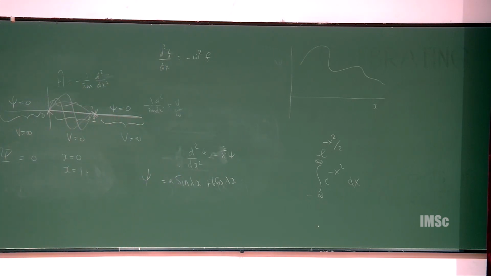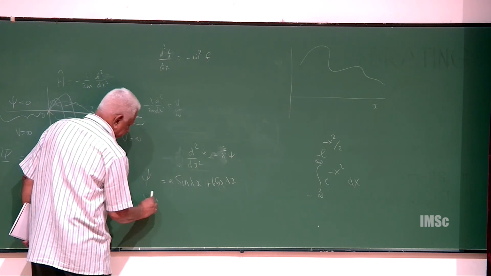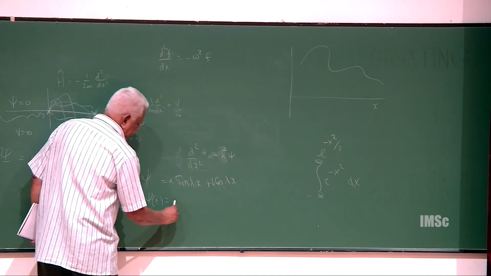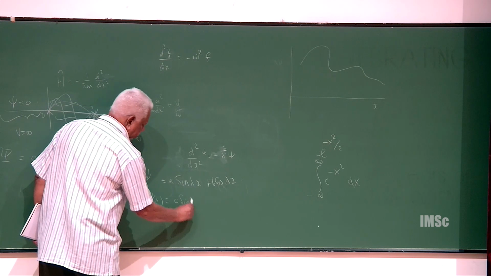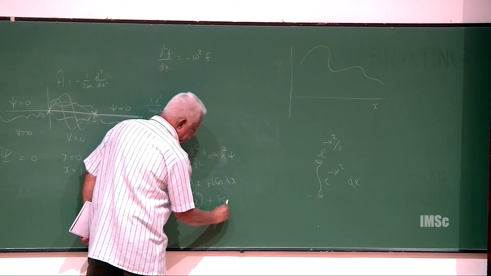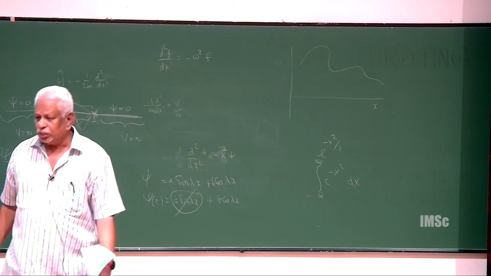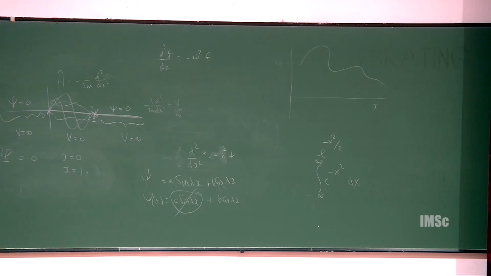Now at x is equal to 0, you want the function to be 0. And sin lambda x is 0 automatically at x is equal to 0. So psi at 0 is A sin lambda x, which is 0, plus B cos lambda x, but at x is equal to 0, cos 0 is 1.